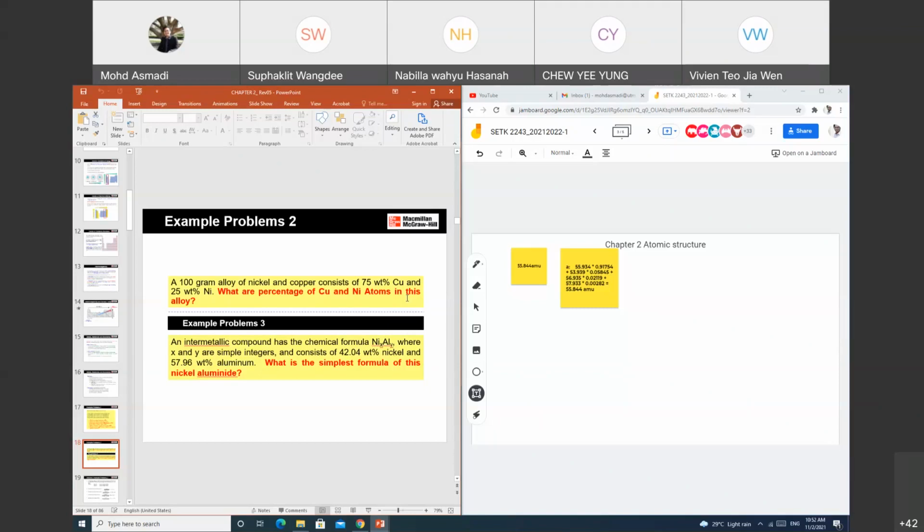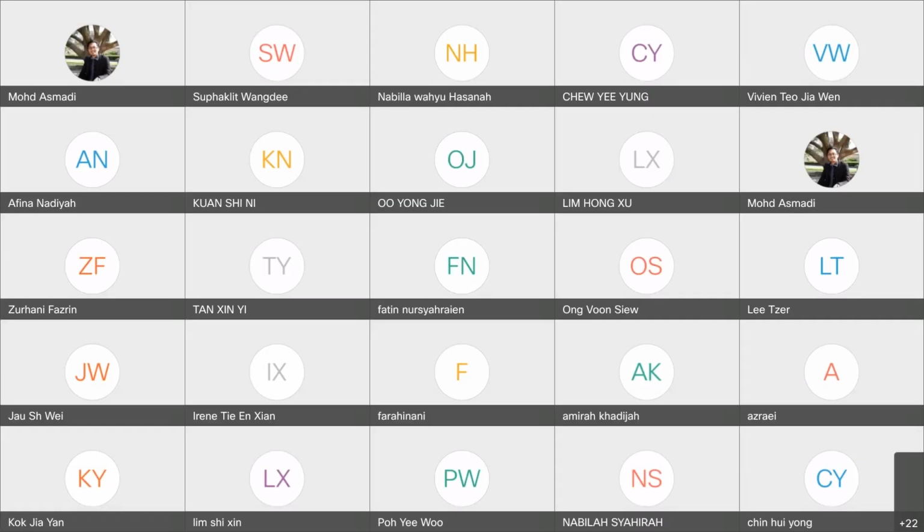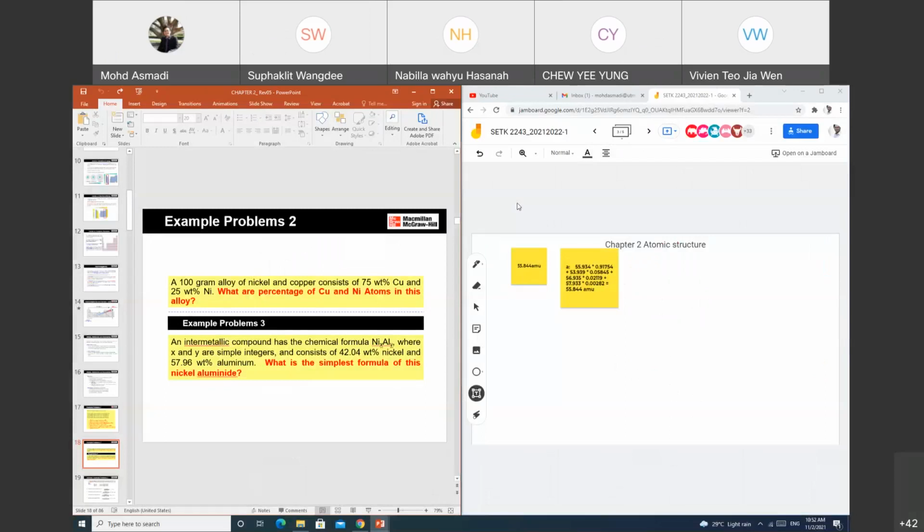Give me the answer. Problem number 2, okay? This one, it's easy. How many percentage of copper in the alloy and also nickel in the alloy?